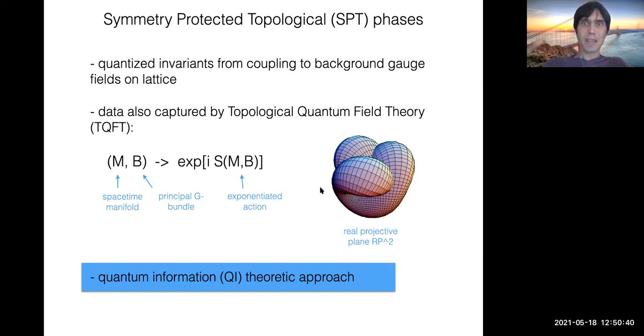I do want to emphasize, though, that there's still kind of a gulf between this topological quantum field theory approach, which really works in the continuum, where it assigns invariants to non-trivial space-time manifolds and various structures on them, like symmetry bundles, and the lattice.